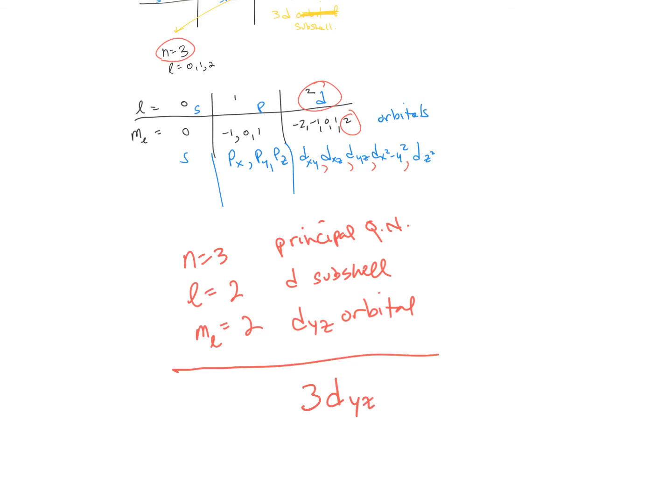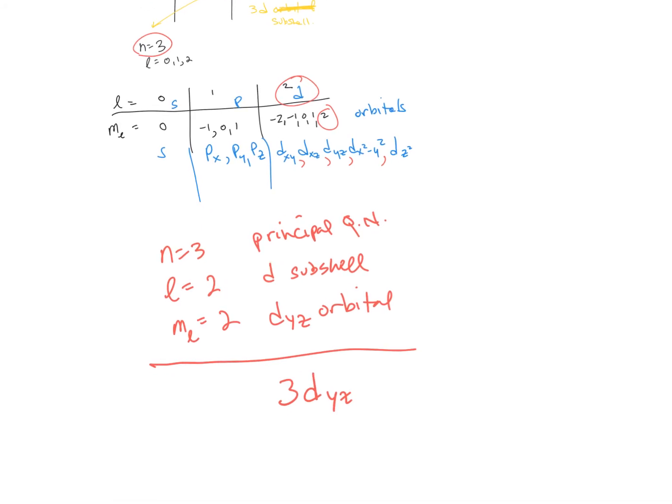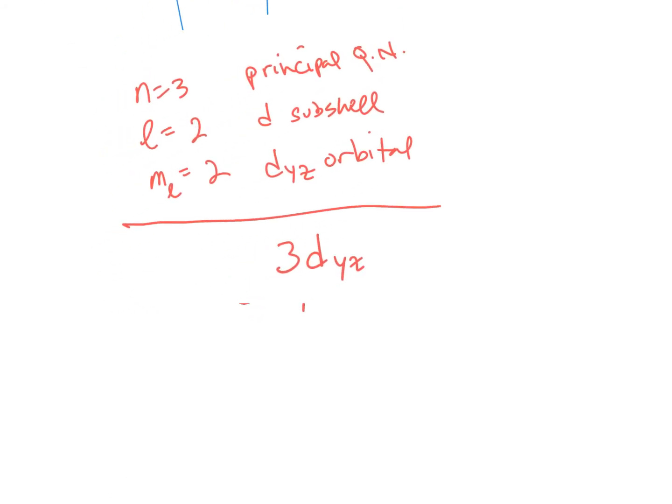All right, and then the last part is the spin. It says in this case M sub S is 1/2. It can be either a half or a negative a half. You can think about the electron kind of spinning on its own axis, and it's either spinning in this direction or in this direction, clockwise and counterclockwise. That's another way to say it.